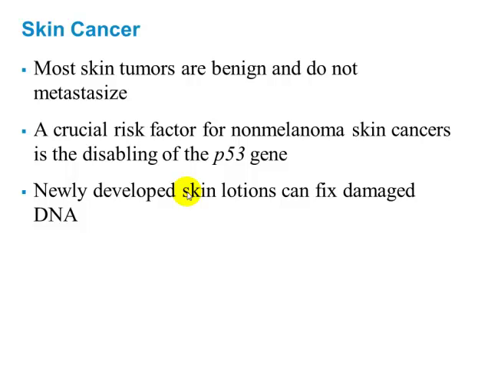A lot of the cancer that we see in skin cancer is due to UV radiation, due to exposure to the sun, due to genetics. And the reason this happens has to do with how well DNA is able to fix itself. So the example of these skin lotions that can fix damaged DNA: these allow DNA that have undergone replication errors to bring themselves back to normal, to fix.